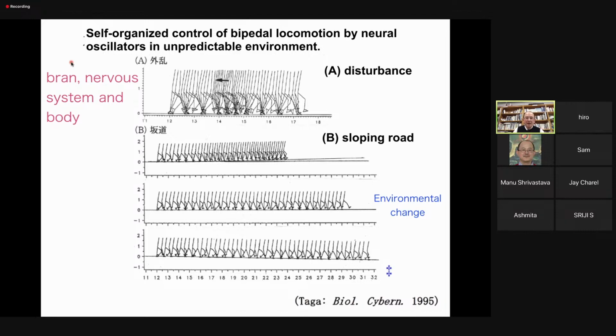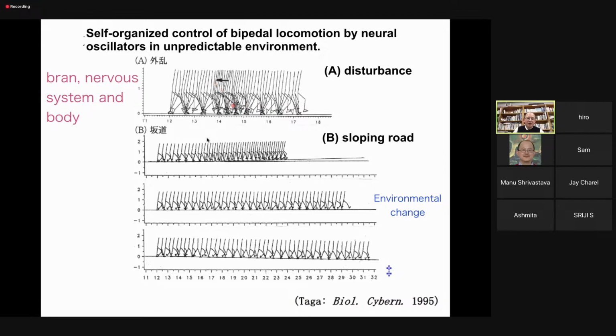Outstanding. So the brain, nervous system, and body can be coordinated in this consistent way. If you put in perturbation, noise, or added force, this motion pattern is clearly reconstructed in the sense of the rhythm generator limit cycle, and such a consistent walking pattern is regenerated after the disturbance.